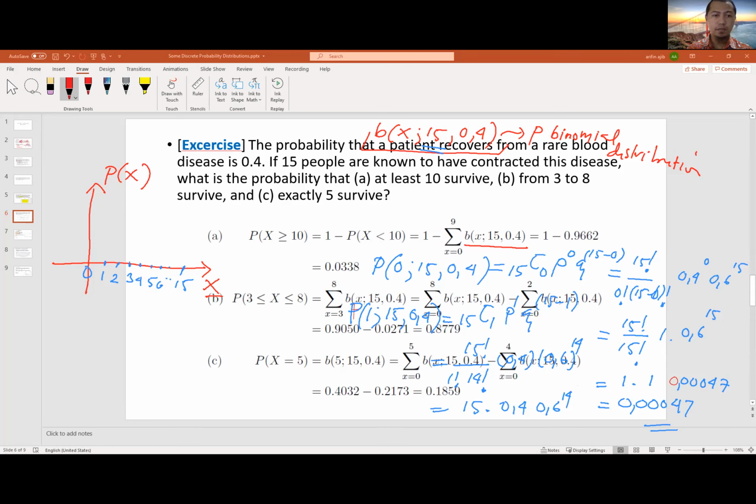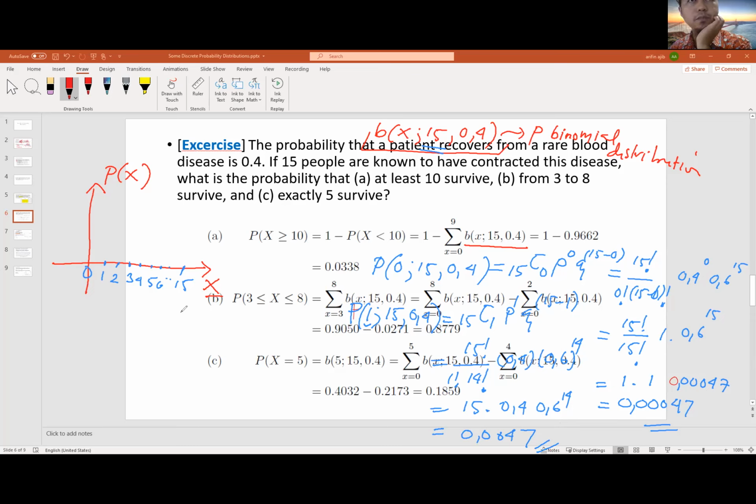15 multiplied by 0.4 multiplied by 0.6 power by 14. It's exactly 0.0047, something like this, for x equal to 1.